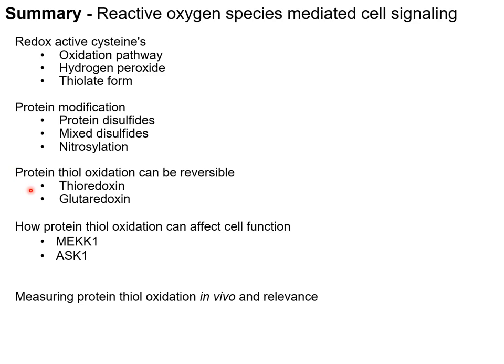Importantly, I've indicated to you that this process is reversible, and so we can distinguish it from the prevailing concept that oxidative stress always causes oxidative damage. And we've got a couple of proteins that can reverse protein thiol oxidation, so thioredoxin and glutaredoxin are examples. And then I finished off by giving you some specific examples about how protein thiol oxidation can affect cell function.